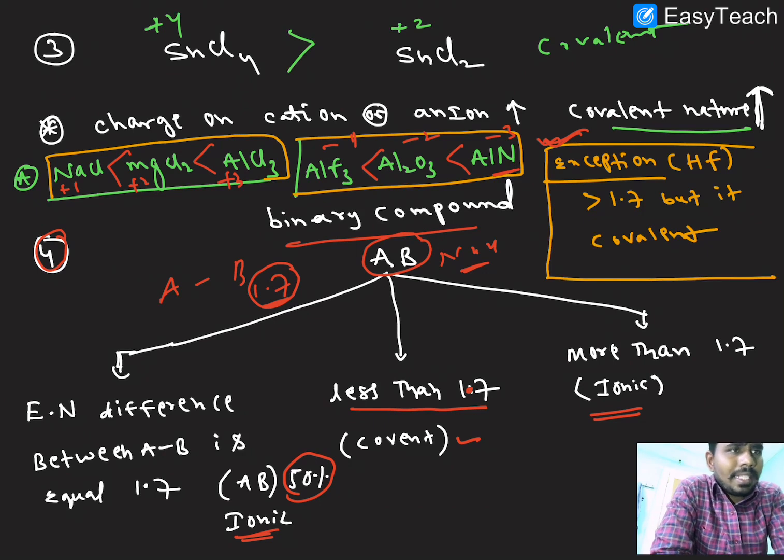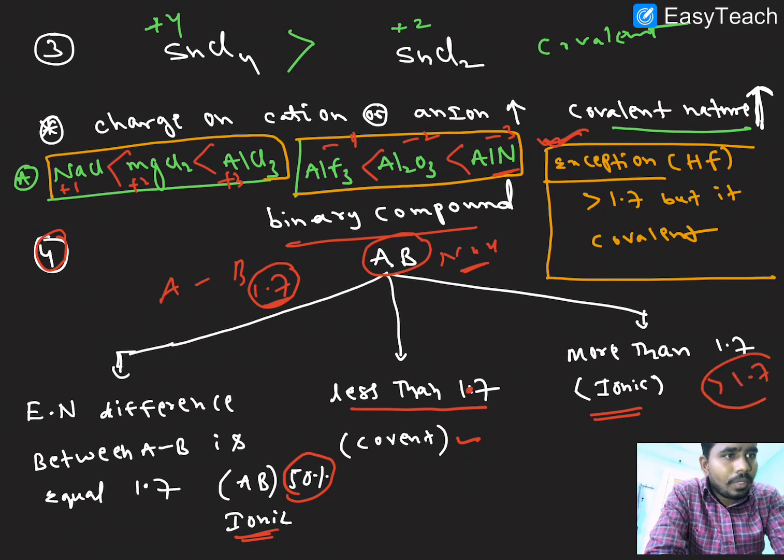But here one exception is there: the electronegativity difference is greater than 1.7, but it is still covalent. HF has an electronegativity difference greater than 1.7, but it is still covalent character. It is one of the exceptions in this Fajans rule, right? I hope it is clear.